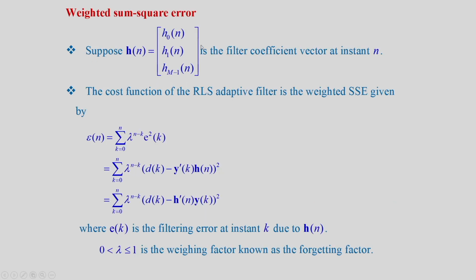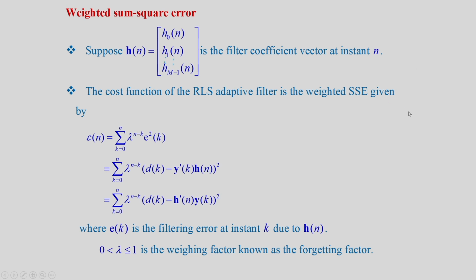Suppose h[n] is the filter coefficient vector given by h₀[n], h₁[n] up to h_{M−1}[n]. The cost function of RLS adaptive filter is the weighted sum square error. So, here the error squares will be weighted.